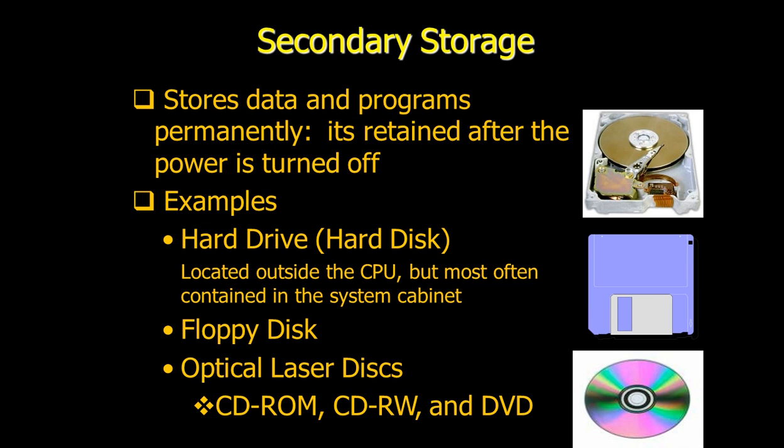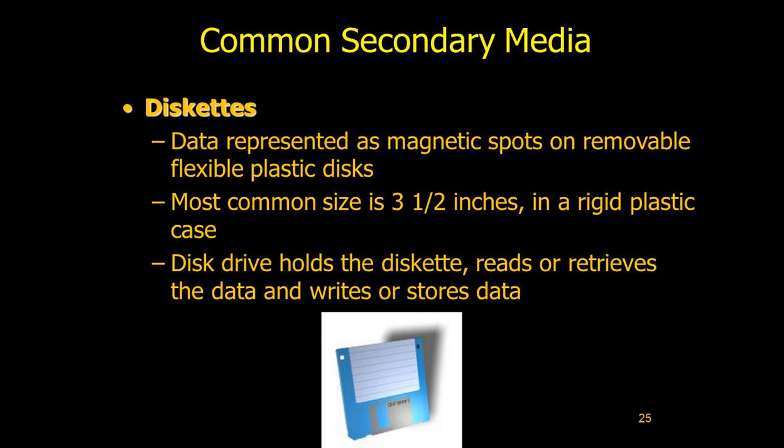Now for secondary storage devices, which are used to keep files and folders and everything, examples are the hard drive and floppy disks. Common secondary media include diskettes, or additionally these days what people call flash drives.